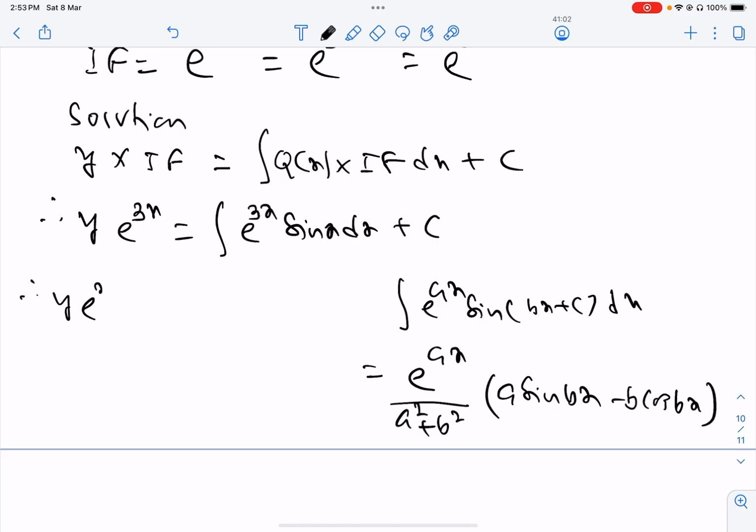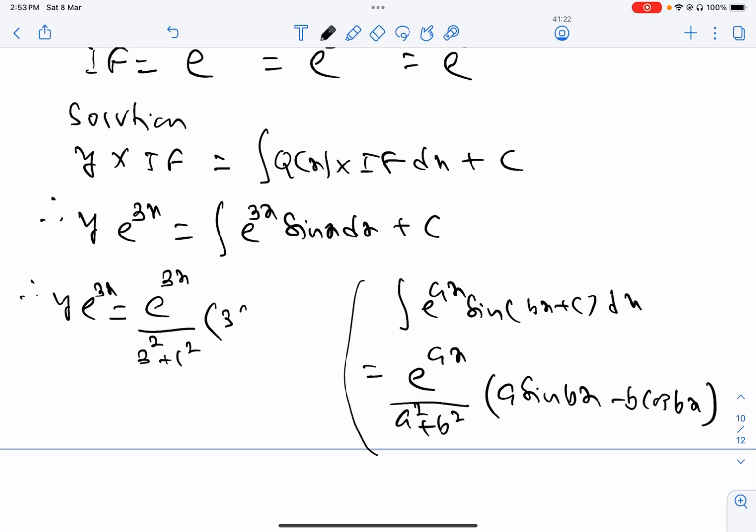So this is y into e power 3x equal to, now here in e power 3x, a is 3 and b is 1. So 3 square plus 1 square, into 3 sin x minus b is 1, cosine x, plus c.